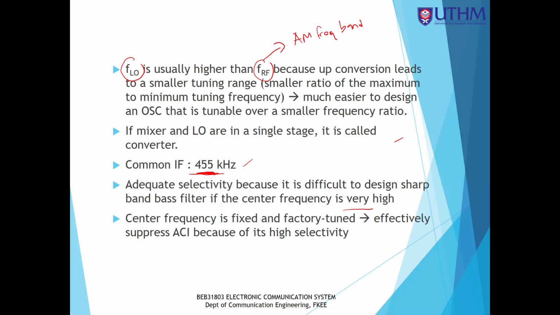So the center frequency is fixed and factory tuned. That means the hardware is designed such that when you convert into intermediate frequency, the center will be at 455 kilohertz. And this will effectively suppress adjacent channel interference because of its high selectivity.